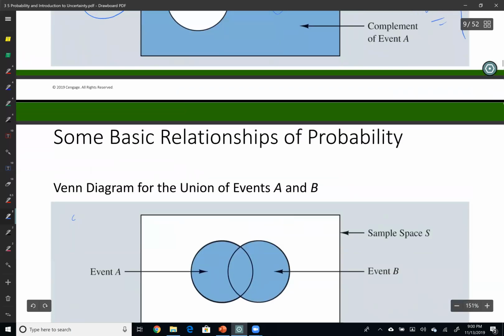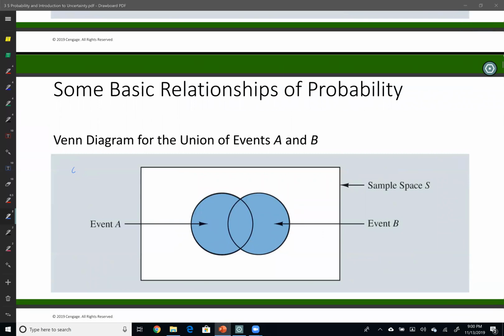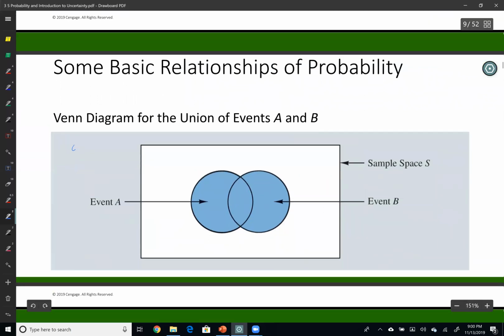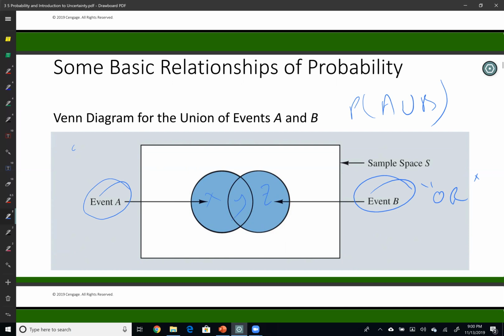All right, so let's take a look at another example here, which is union of events. What's the probability of event A or event B occurs? So the keyword here is or. So we call this A union B. Basically, this is going to be probability of only A happened plus probability of A and B happened together plus probability of only B happen. So what could be an example?